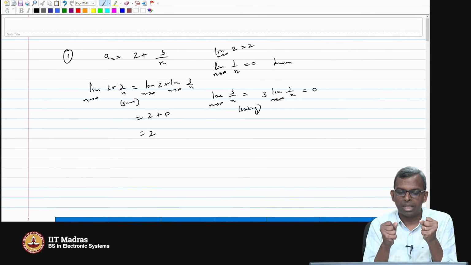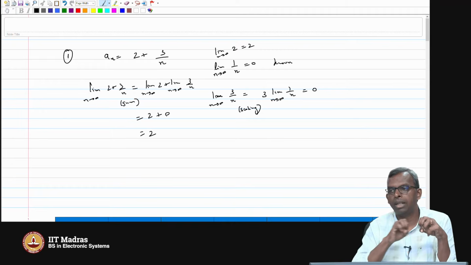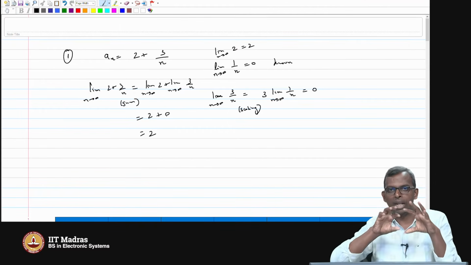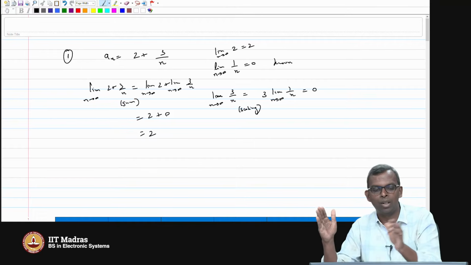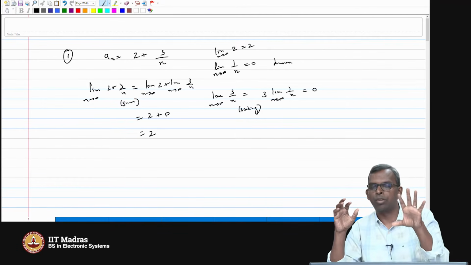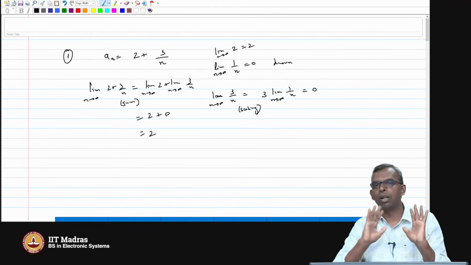Basically, limit distributes itself over addition, multiplication, and division. That's the way to think of it from a high level. If you have the limit of a sum, 2 and 3 by n, you can do the limit for 2 separately, 3 by n separately, and then add the limits. You get the overall limit correctly.